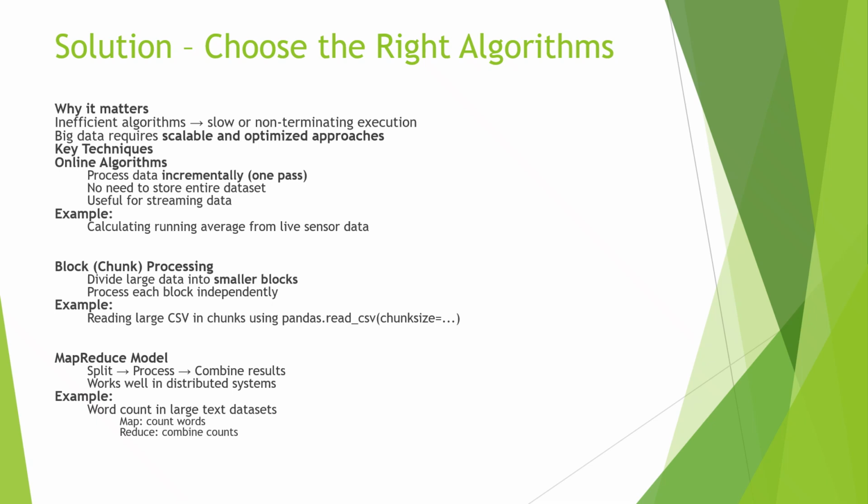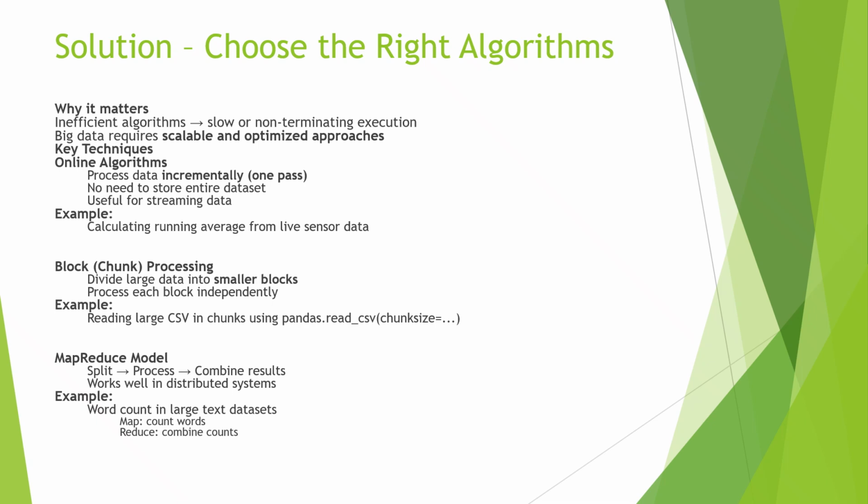Big data processing requires scalable and optimized approaches that can handle large volumes efficiently. Another important technique is the use of online algorithms, which process data incrementally in a single pass without needing to store the entire dataset in memory. This is especially useful for streaming data scenarios, such as calculating a running average from live sensor inputs.